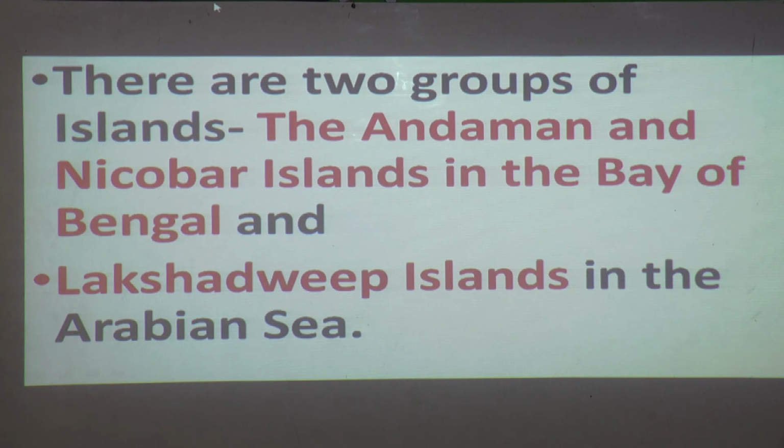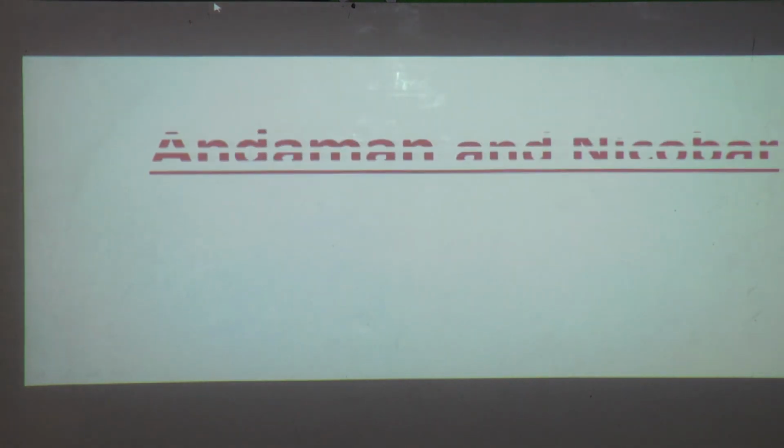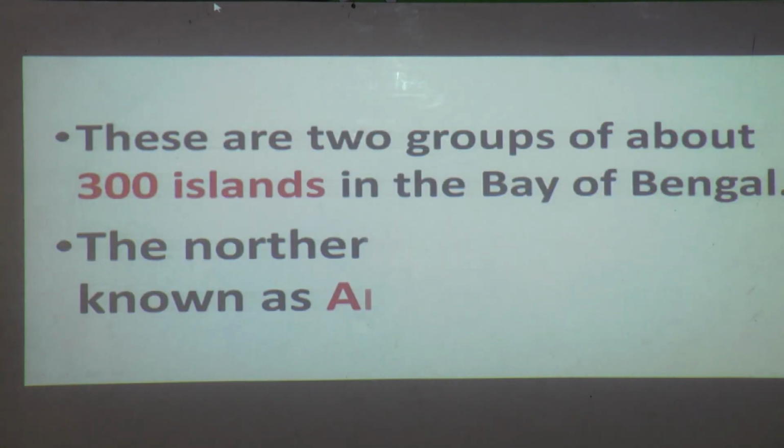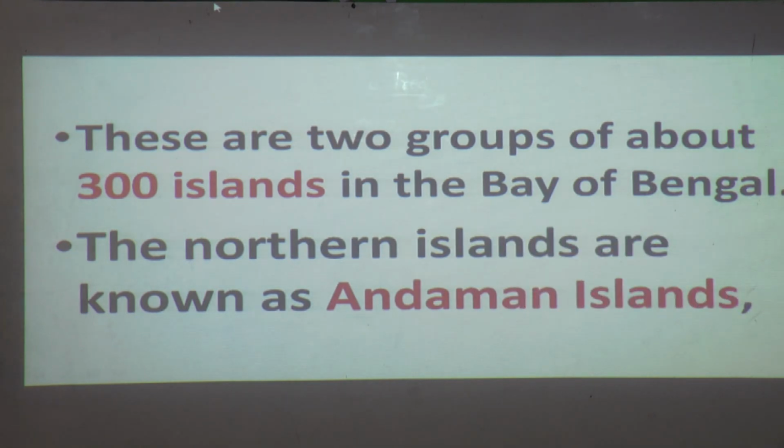So this is our Andaman and Nicobar Islands. How many islands are there? About 300 islands.